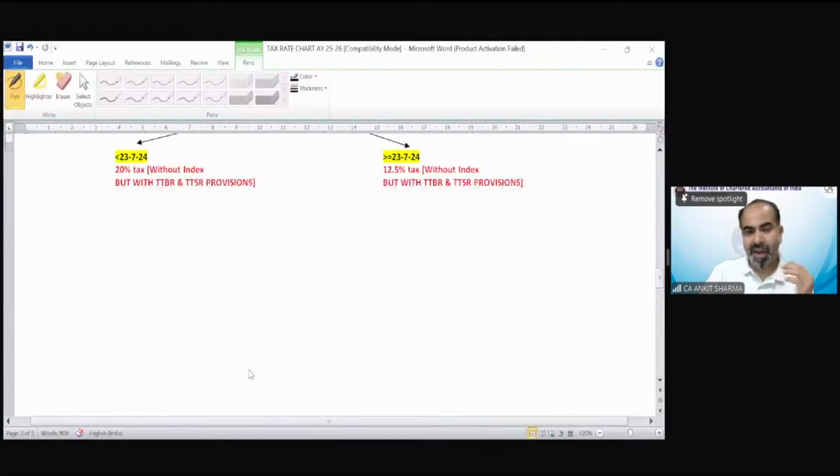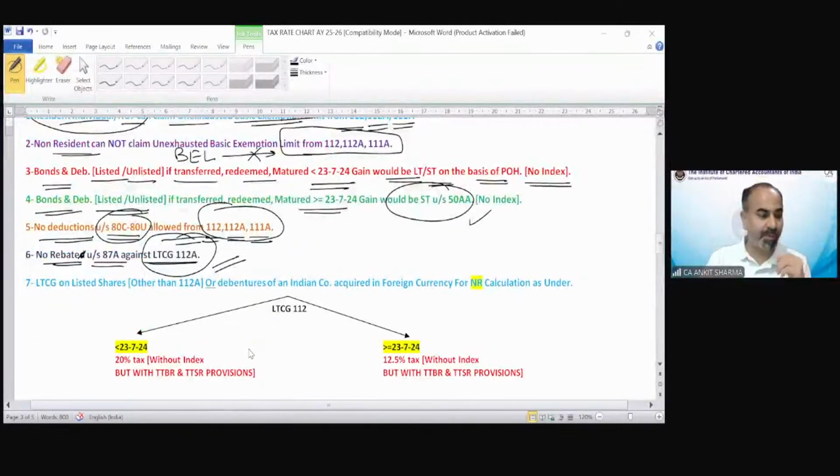So now after point number 6, point number 7 is for those TTBR, TTSR provision, and you can see the point number 7 says that long-term capital gain on listed shares other than 112A or debentures of an Indian company acquired in foreign currency for non-resident is calculated as under: if it is before 23rd of July, then 20% tax without index, but with the TTBR and TTSR provision. On or after, the rate would be 12.5% without index, but with TTBR and TTSR provision.